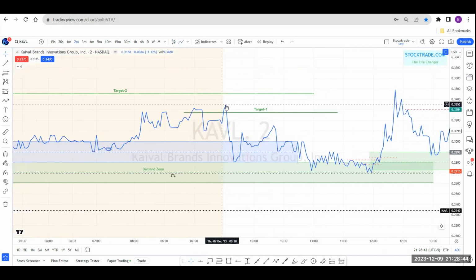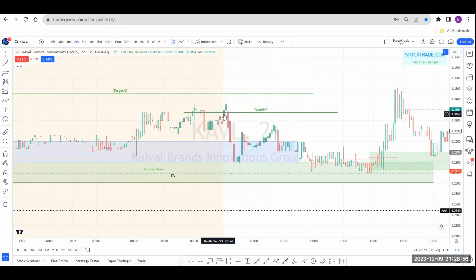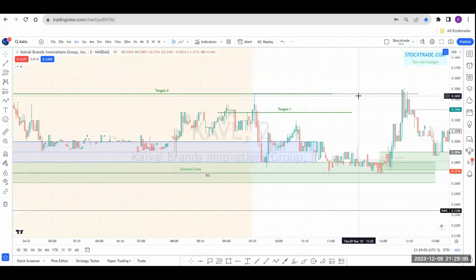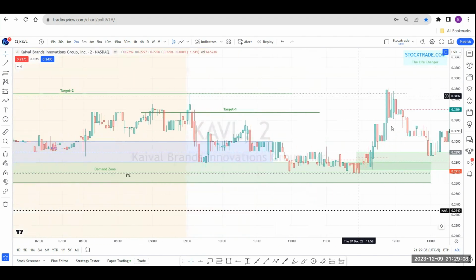I was looking at this liquidity. I was thinking that this liquidity might not fill, but I can take that trade and take the profit up to just below this liquidity. So that's why I marked that. That was target number one. And the second liquidity was here. It hit, and both the levels hit.